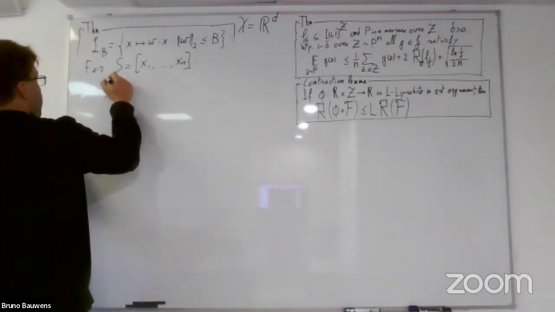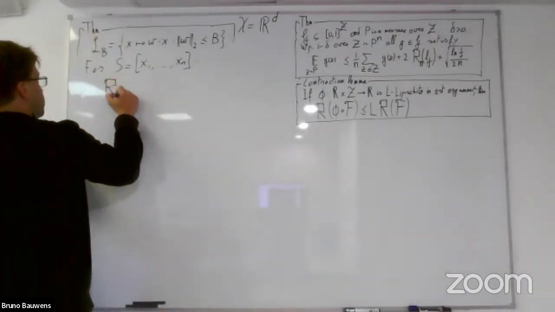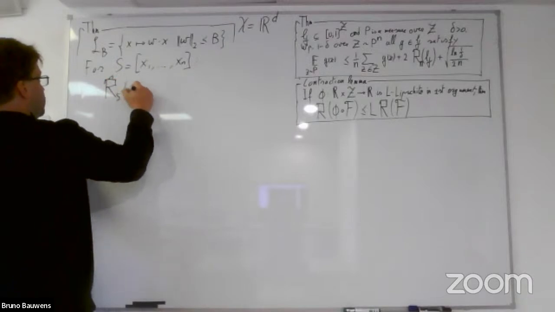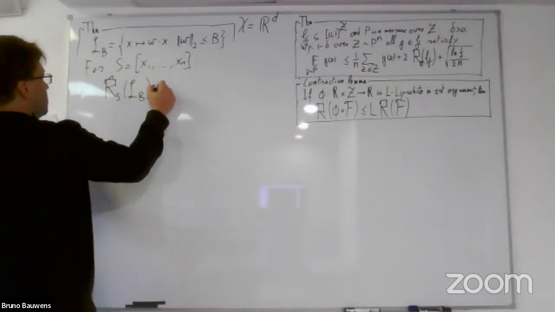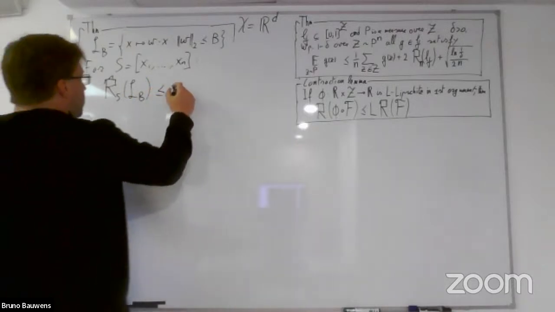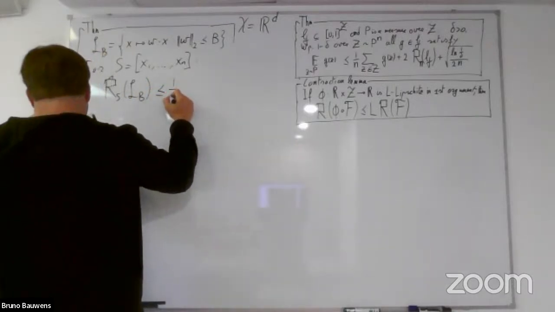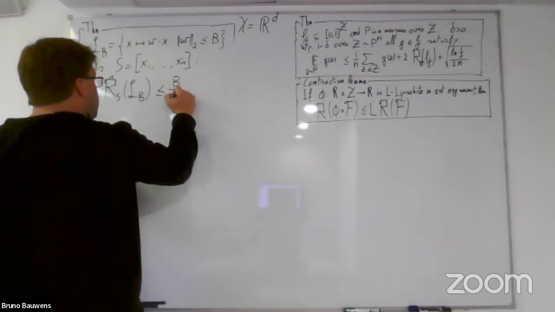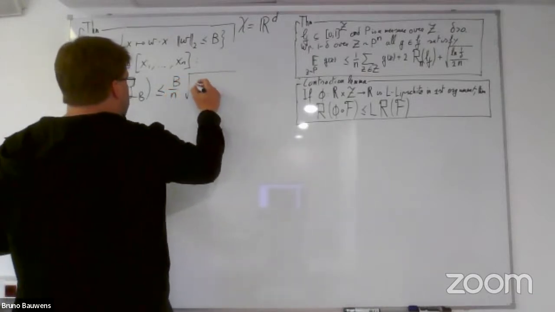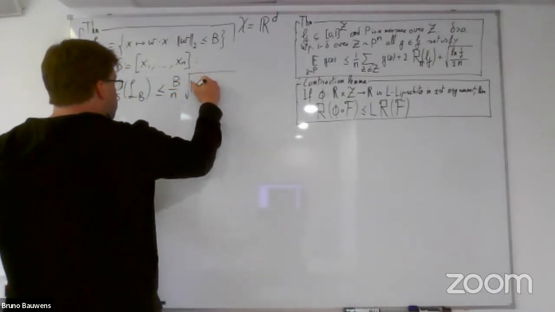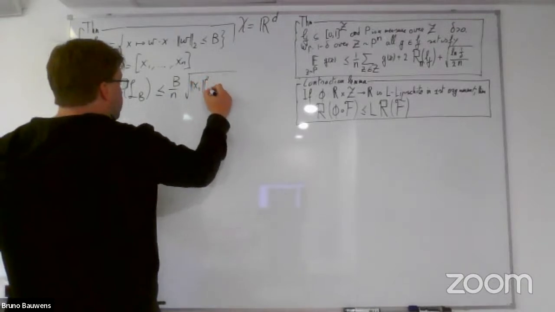And we will have that the empirical Rademacher complexity of S of L_B is bounded by B over n times the square root of the sum of the squared norms.